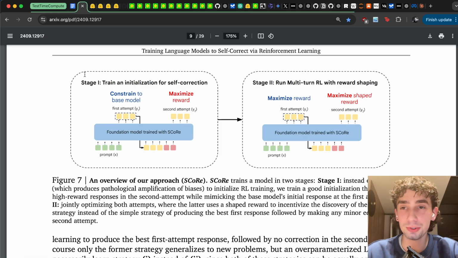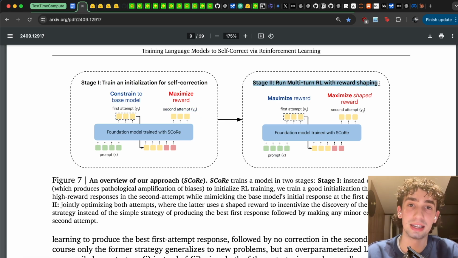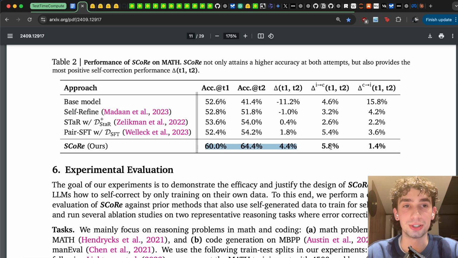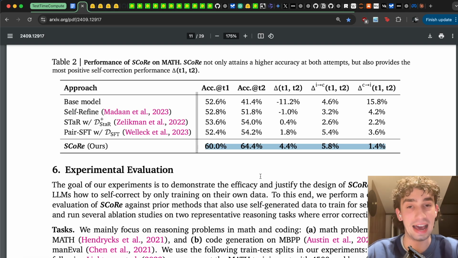And so this two-stage process where they train an initialization for self-correction by constraining first to the base model and maximizing the reward for the second attempt, and then having a stage 2 where they're doing the multi-turn reinforcement learning to maximize the shaped reward that takes into consideration the improvement from the first towards the second attempt, actually is able to greatly improve accuracy.